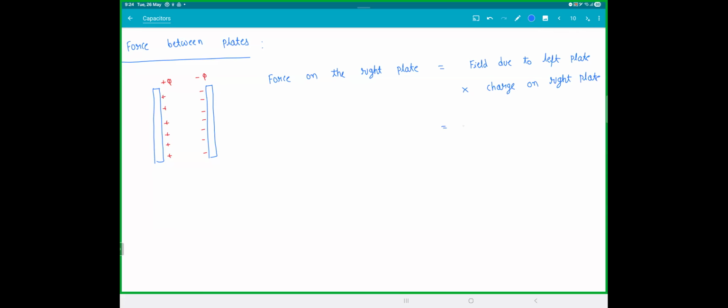What is the field due to the left plate? Sigma by 2 epsilon. What is the charge? Minus Q. But what is sigma? Q by area. So we get minus Q square by 2A epsilon.